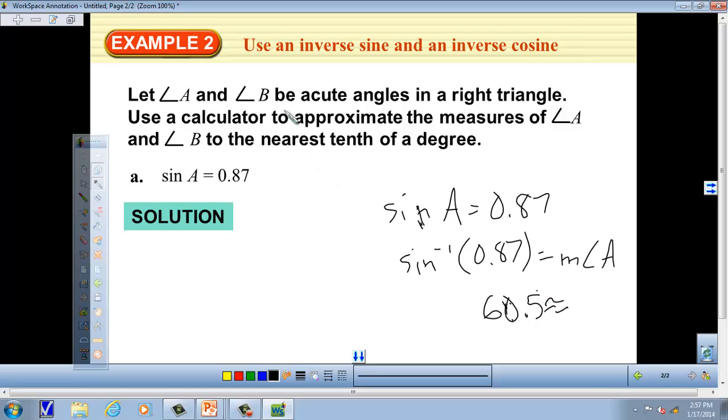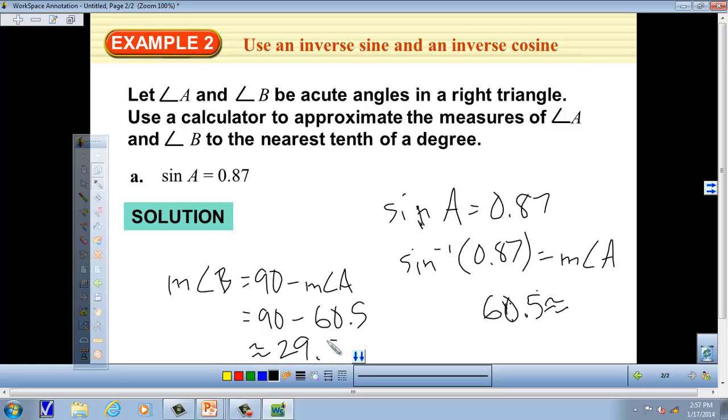And if we want to know what the measure of angle B is, again, we know that the two angles add up to 90, so the measure of angle B would be equal to 90 minus the measure of angle A. So that's 90 minus 60.5, and that would give us approximately 29.5.